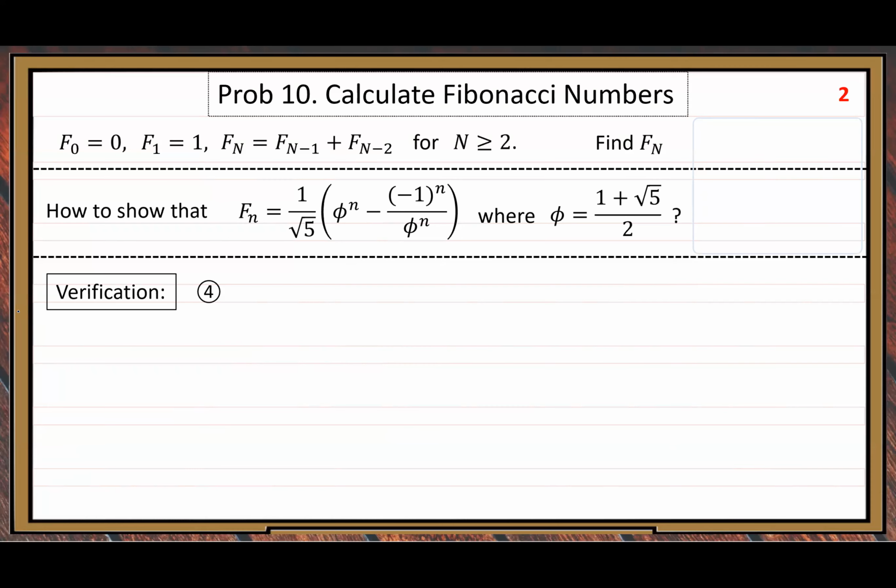Here, I show you a special method to manipulate golden ratio. Let's do one more verification. But this time, we do not plug in the golden ratio number to do the calculation directly because it's too complicated. Although you can do it, we don't want to do it in that way. So here I want to use the properties of golden ratio to do the verification.